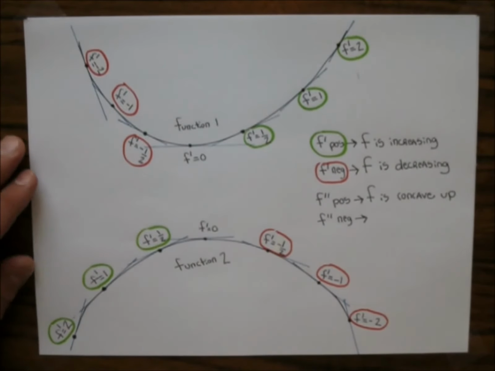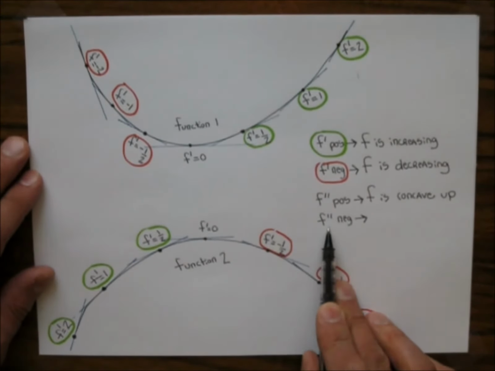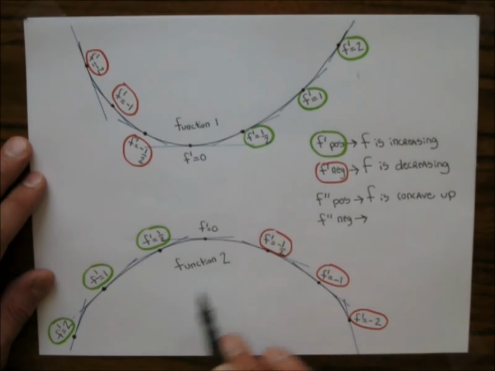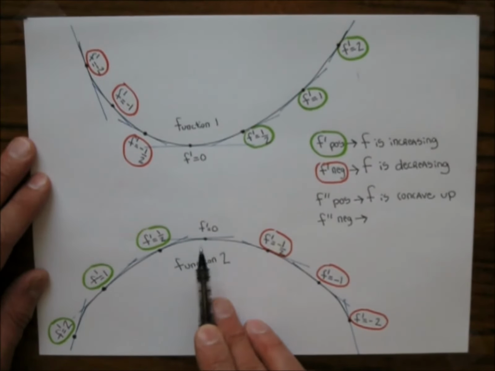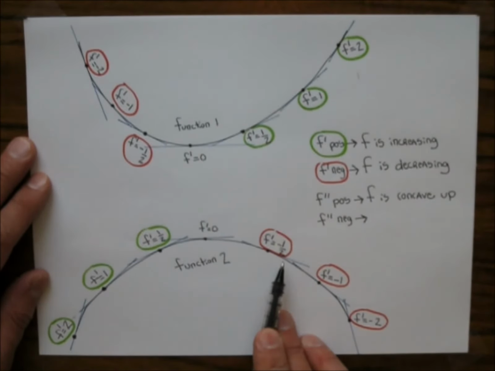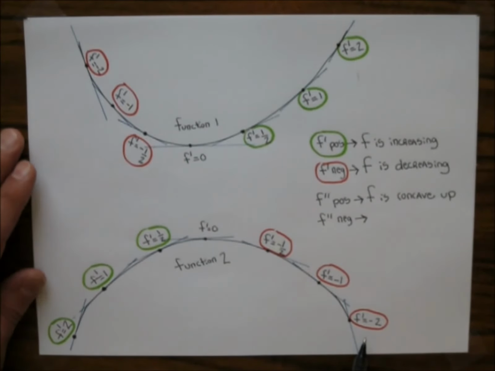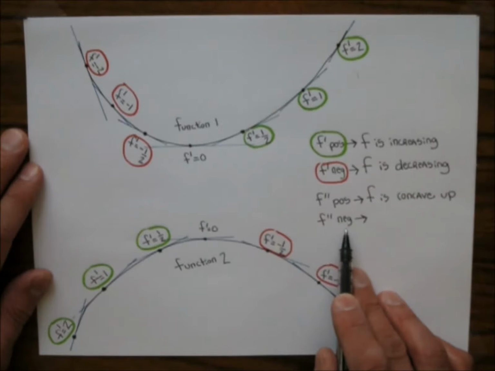And you could probably guess what's going to happen here. When the rate of change of the slope is negative, look what's happening. You're going 2, 1, 1/2, 0. It's decreasing, the rate of change is becoming more negative. So f double prime is negative.